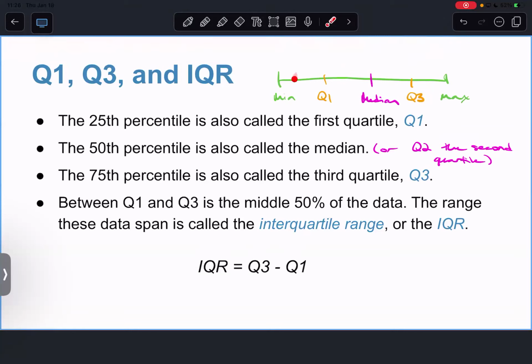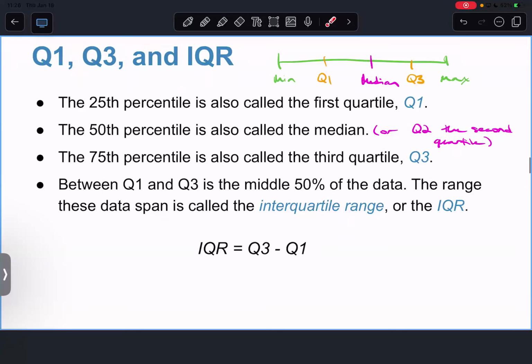If we've split things into quarters, then what we're talking about is the middle 50% of the data. The interquartile range is abbreviated IQR.